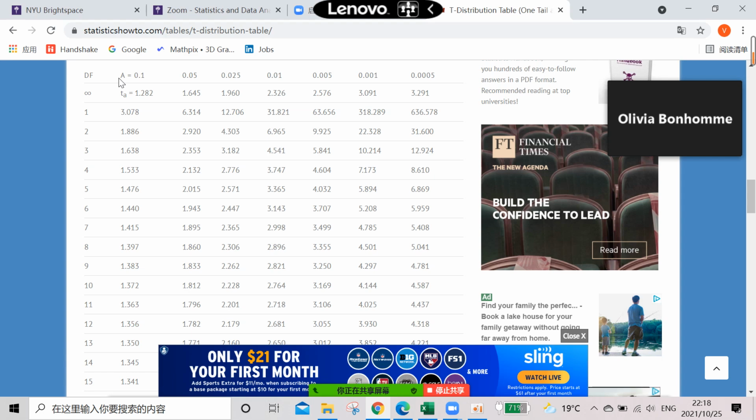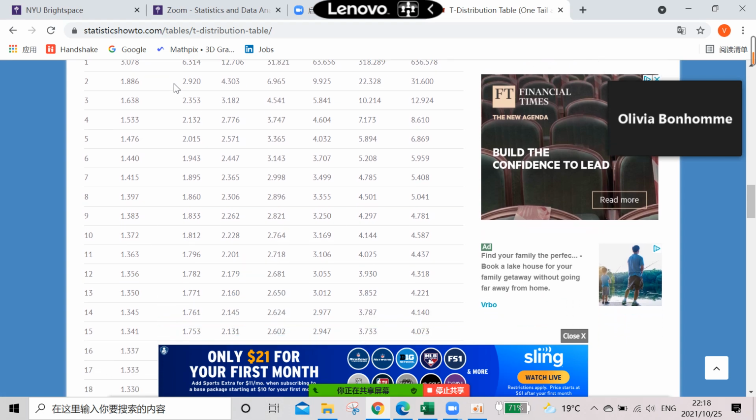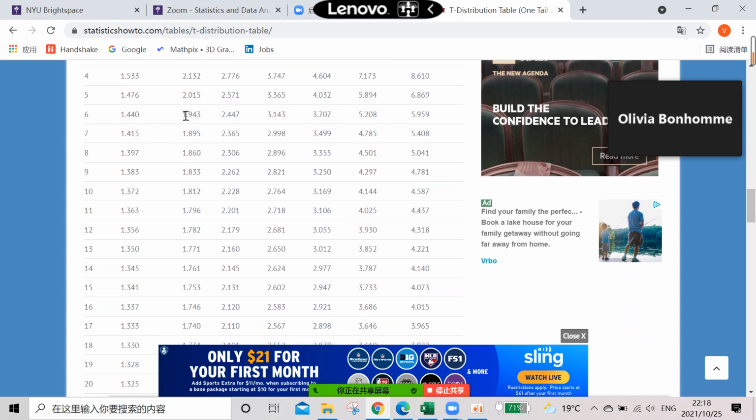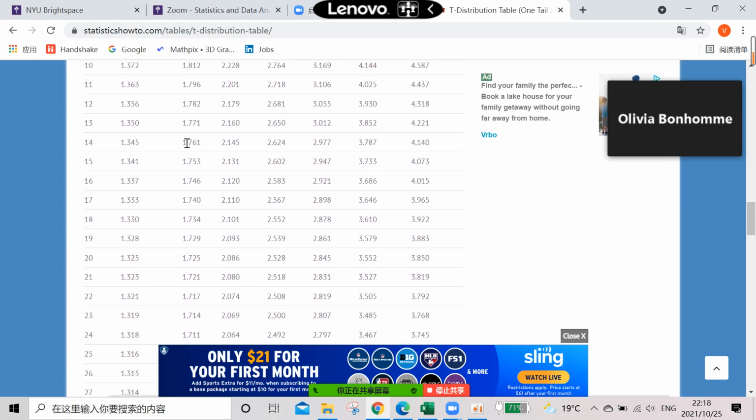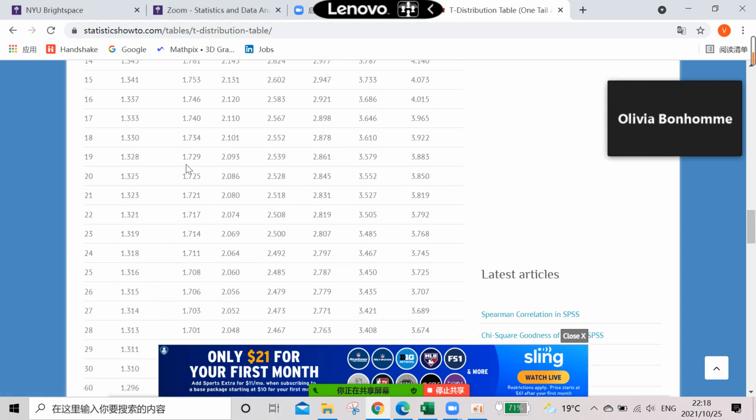You can locate a coordinate that gives you the critical t value. In this case, you want alpha equals 0.05, which is the third column of this table. Then you go down until you find the degrees of freedom equals 24, and you can get your t critical value.